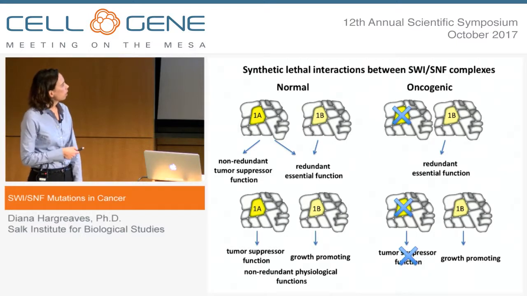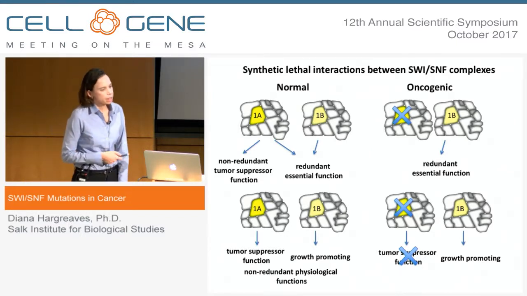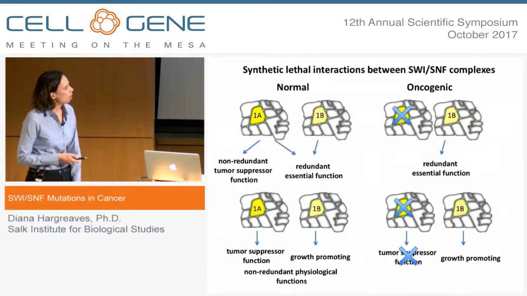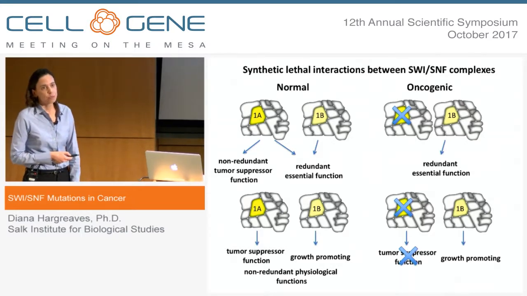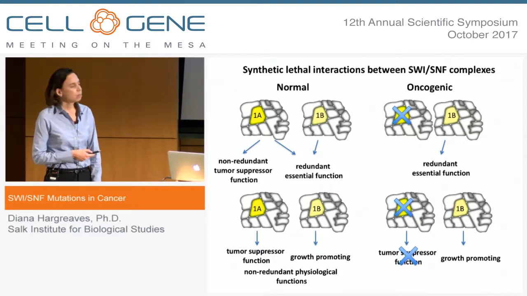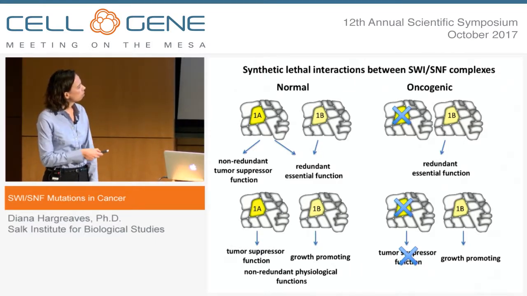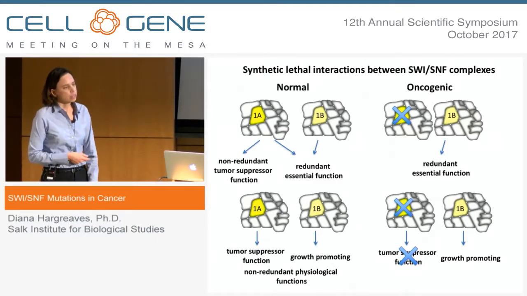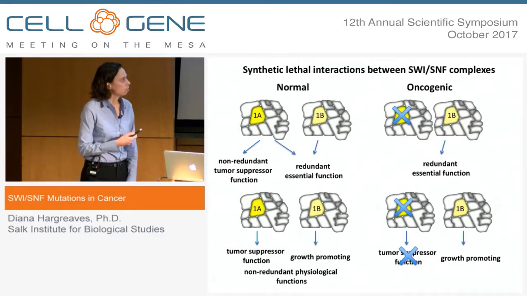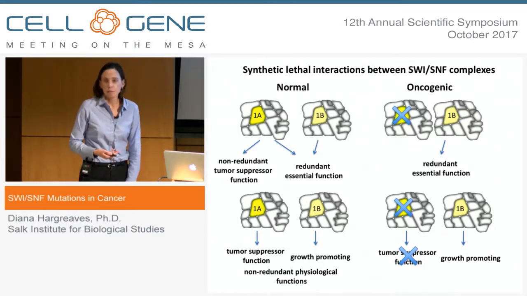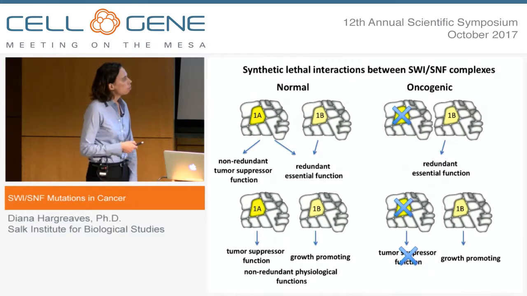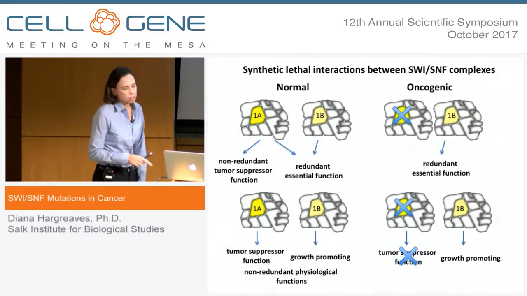It's also possible that ARID1A and ARID1B may have non-redundant roles, and this has been shown, for example, in different regulatory interactions formed by ARID1A and ARID1B containing complexes that allow them to be tumor suppressive or growth promoting. So then in the context of an ARID1A mutation, you may disrupt this balance, allowing ARID1B complexes to promote growth in an unchecked fashion.